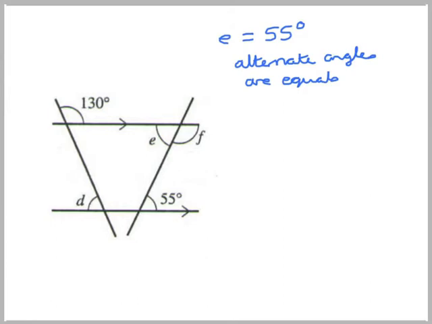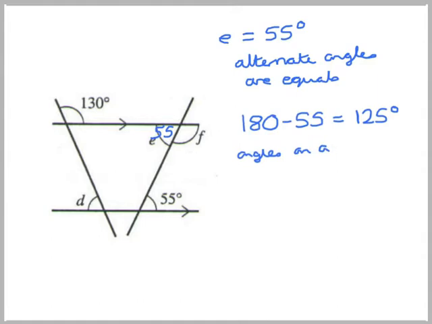So I know E is 55, and therefore I must know what F is because I've got angles on a straight line here for E and F. So 180 take away 55 gives me 125. And the reason for that is that angles on a straight line equal 180.